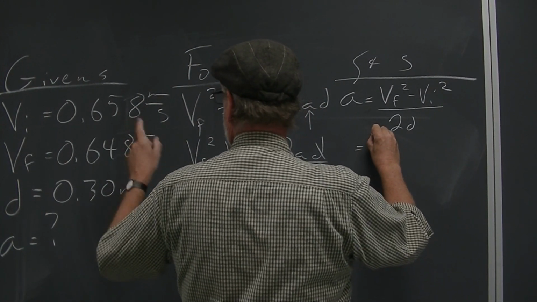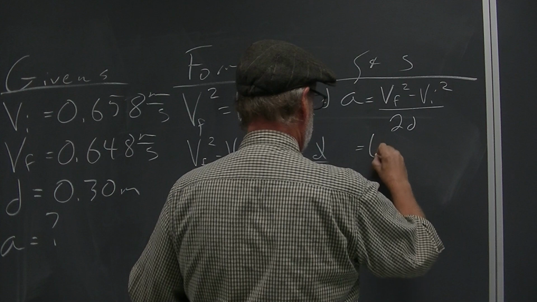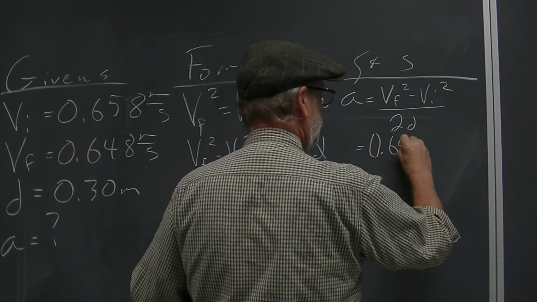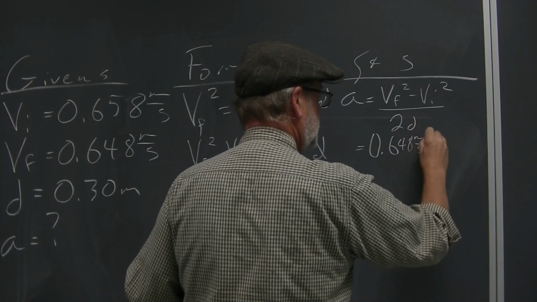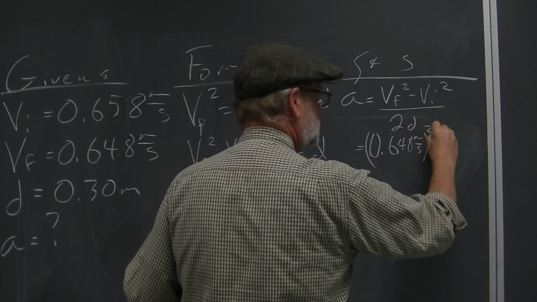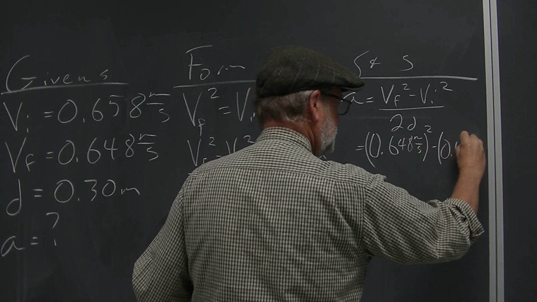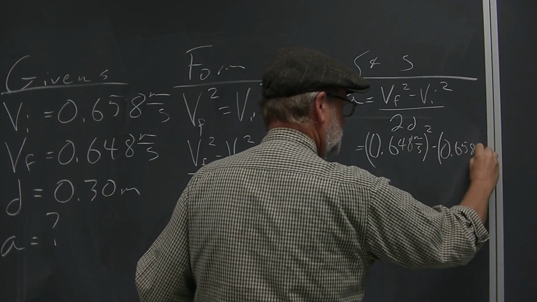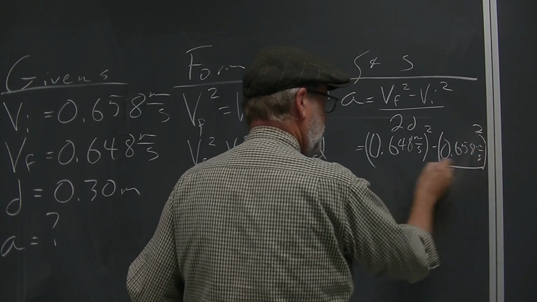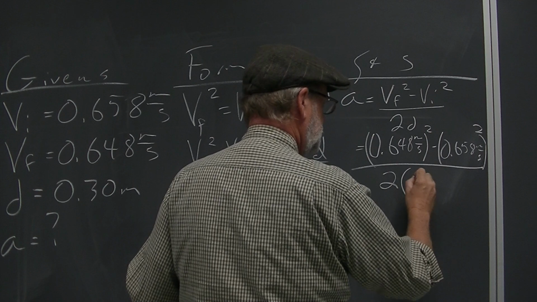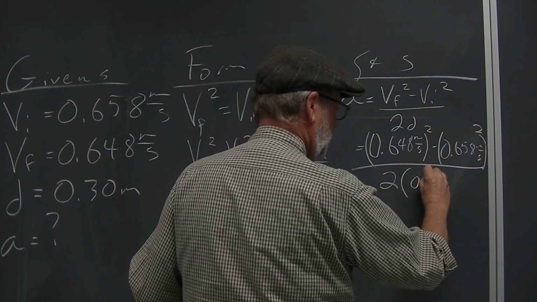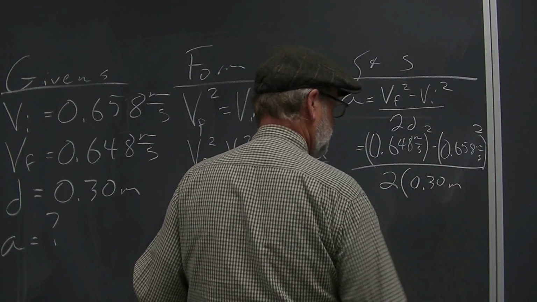So take a look at how this solves. Equals, all right, 0.648 meters per second, quantity squared, minus 0.658 meters per second, quantity squared, all over 2 times the distance, which is 0.30 meters.